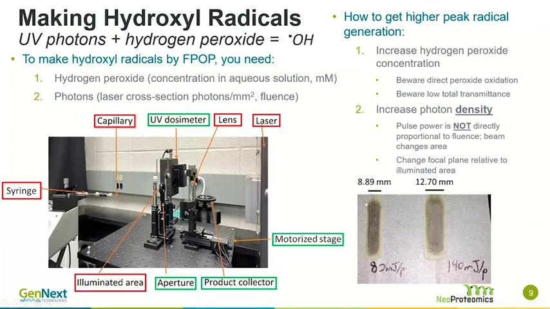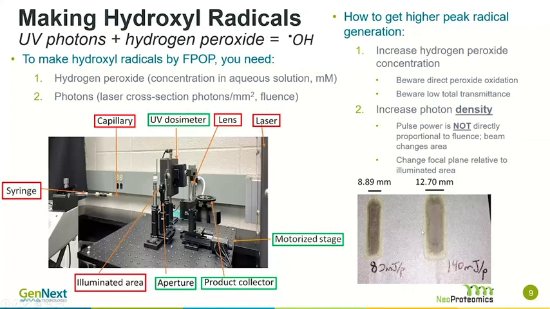On the left, we have the beam cross-section formed by an 80 millijoule per pulse laser shot. And on the right-hand side, we have the cross-section formed by a 140 millijoule per pulse laser shot. You can see the laser beam dimensions are significantly different. We've increased the laser beam width by about 50% after increasing the energy per pulse by just under 50%.